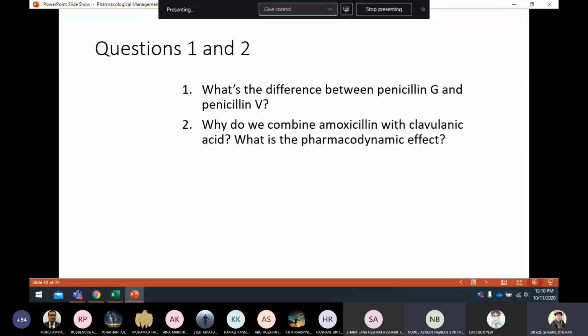Organisms such as Staphylococcus aureus produce beta-lactamase enzyme, which can break the beta-lactam ring in amoxicillin, which will terminate antibiotic activity. Thus there is no effect of amoxicillin. Beta-lactamase enzyme will produce a resistance to antibiotics, and clavulanic acid is a drug that will inhibit beta-lactamase enzyme to prevent breakdown of the beta-lactam ring in amoxicillin. This will restore the effect of amoxicillin.